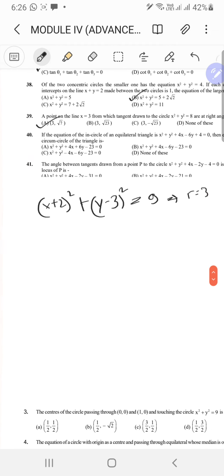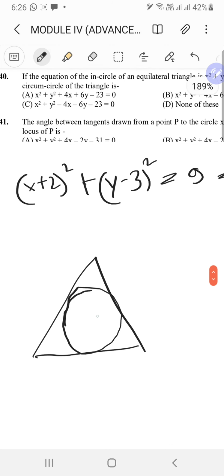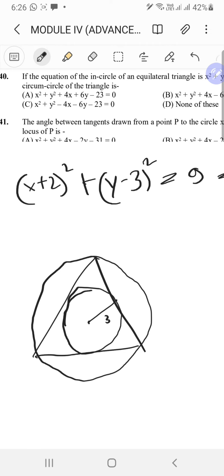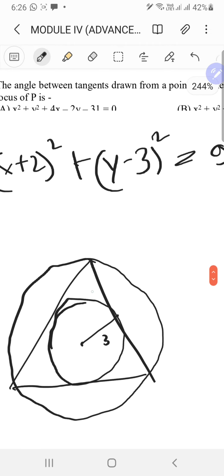Radius is 3. So let's draw that triangle. This incircle has radius 3, and then this bigger circumcircle, I don't know what radius it has.